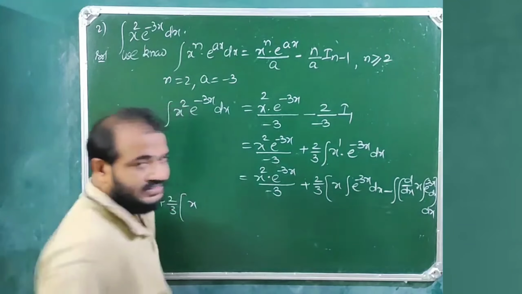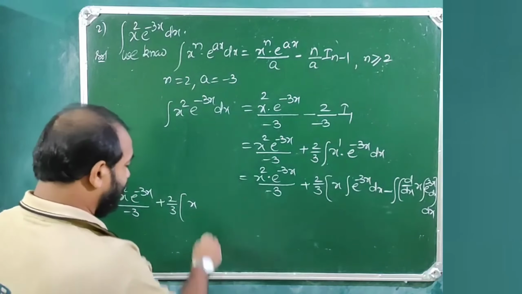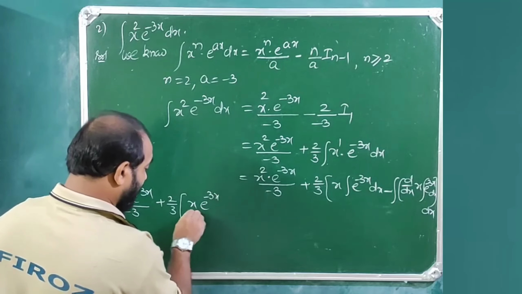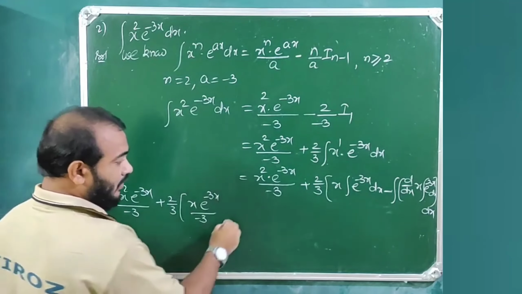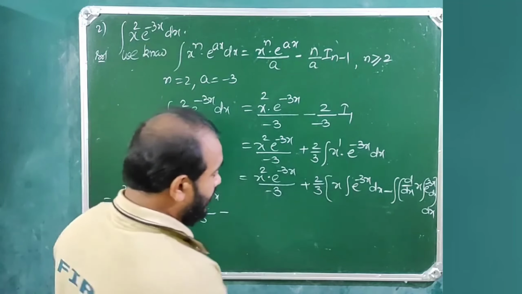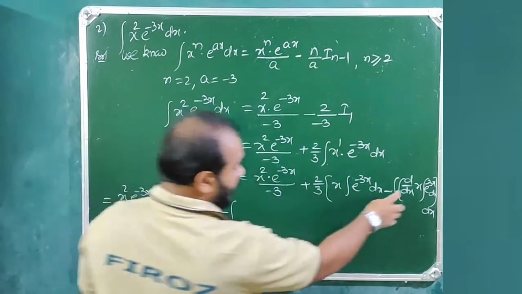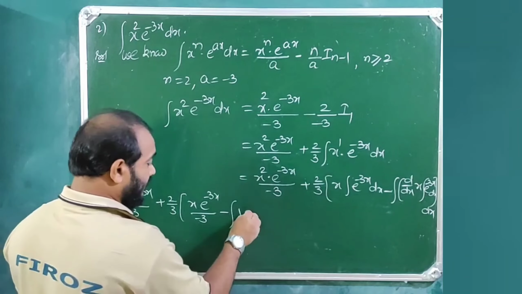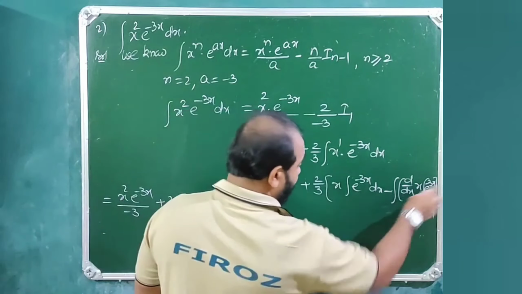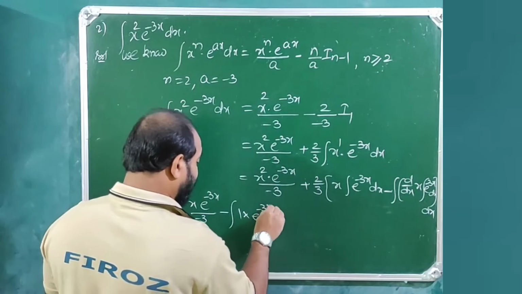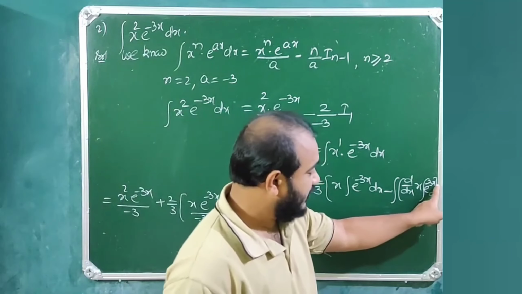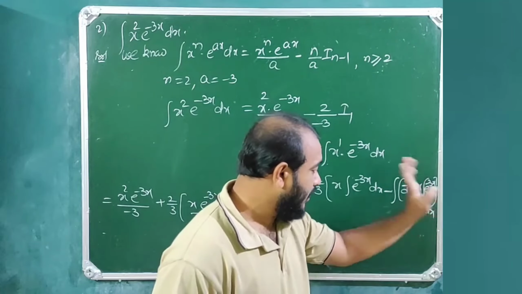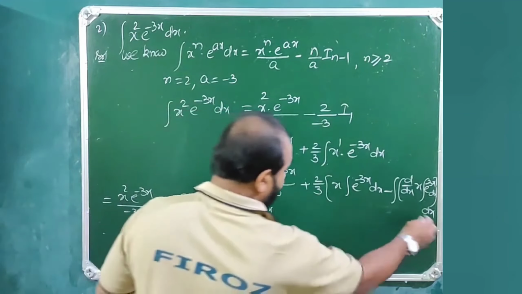Integral e power x dx is e power x. So e power minus 3x by its quotient d by dx of minus 3x is minus 3 minus. So integral of d by dx of x is 1 into integral e power minus 3x is e power minus 3x by minus 3 dx.